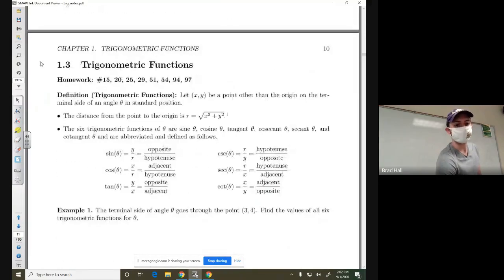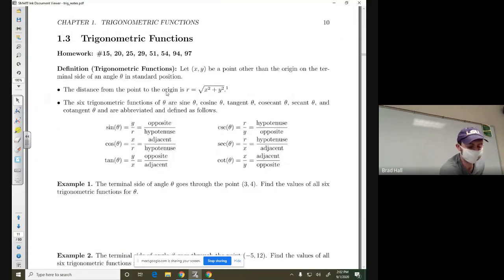We were talking about trigonometric functions, and we talked about the trig functions themselves and equated them either using this x, y, and r notation, or using opposite, adjacent, and hypotenuse, which is more of a visual aid when we have a triangle for which any sort of spatial thing can be applied to. So we use opposite, adjacent, and hypotenuse if we have a triangle, and we use x, y, and r if we don't have a triangle.